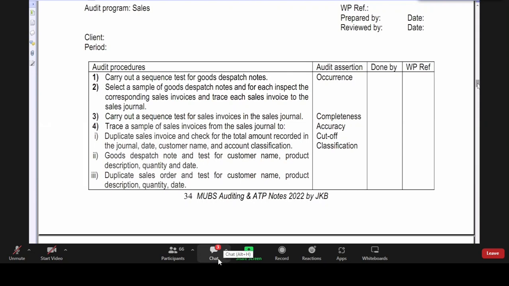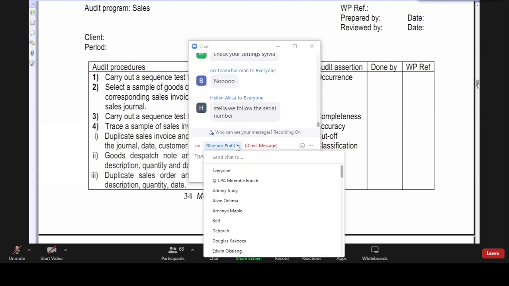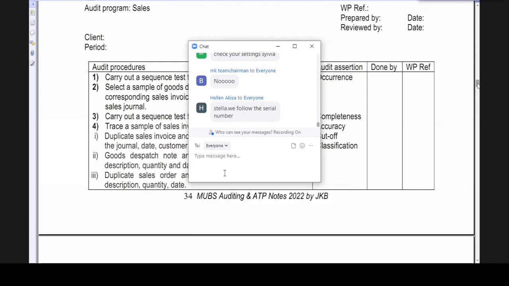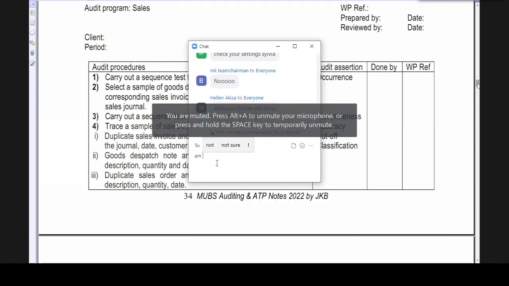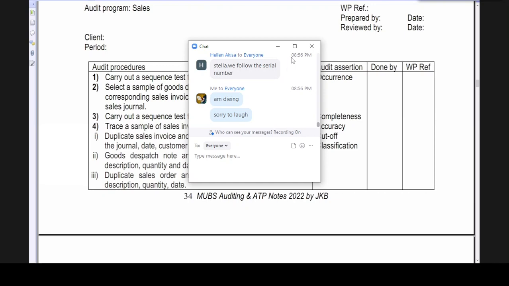How about a delivery note? Okay. Now they always have those serial numbers, and they must be followed.